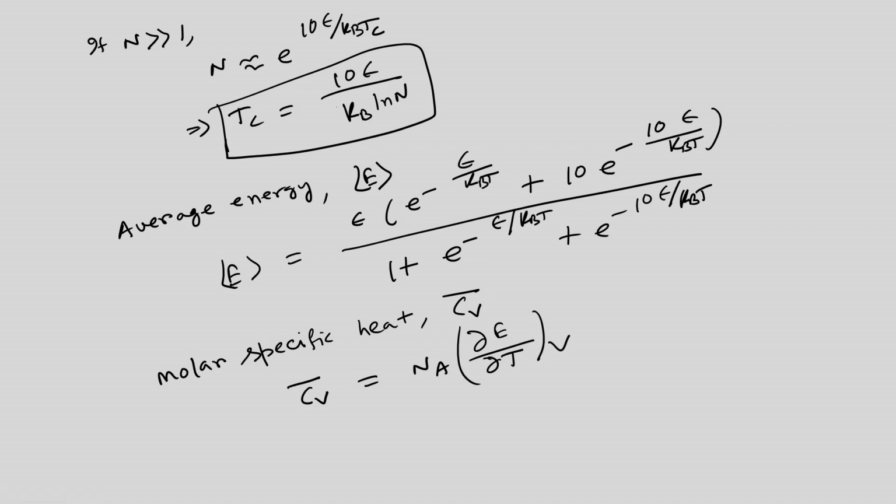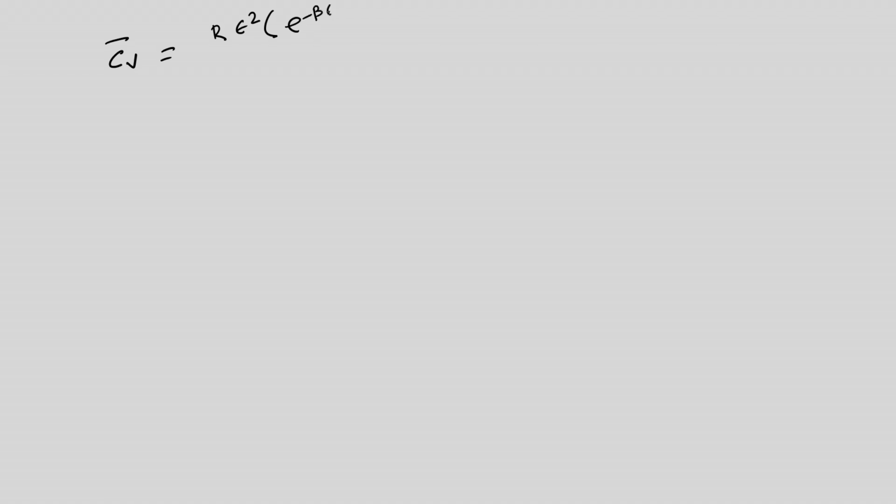Okay. If we carry out the differentiation, we get Cv bar is R epsilon squared e to the minus beta epsilon plus 100.